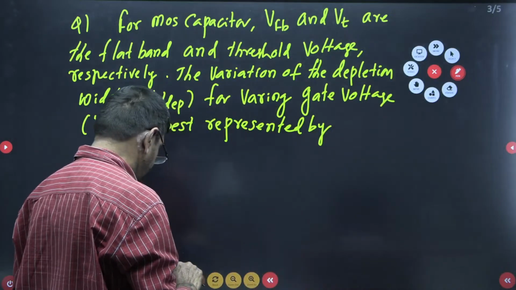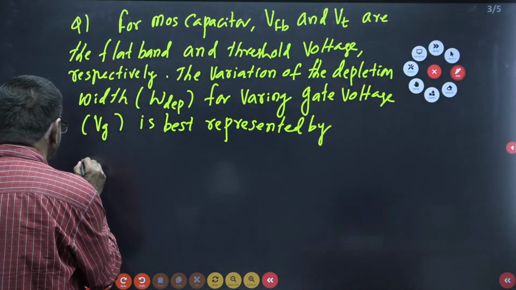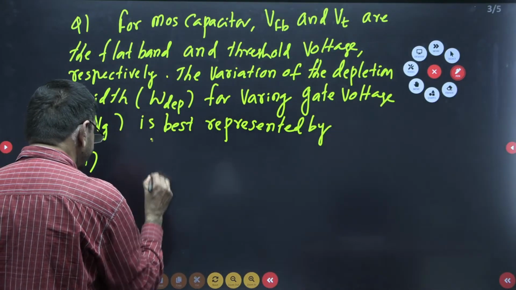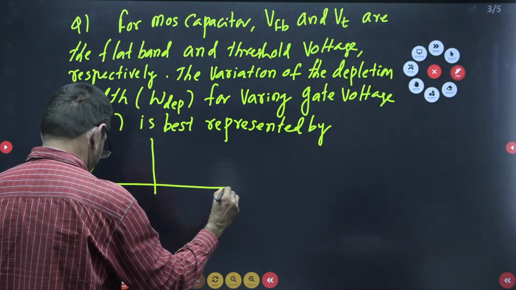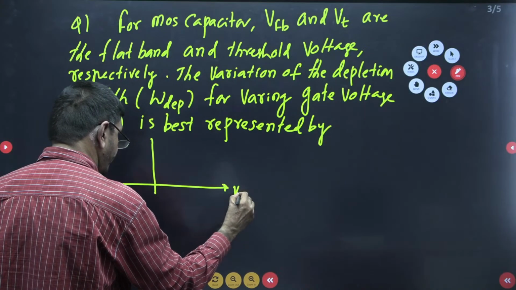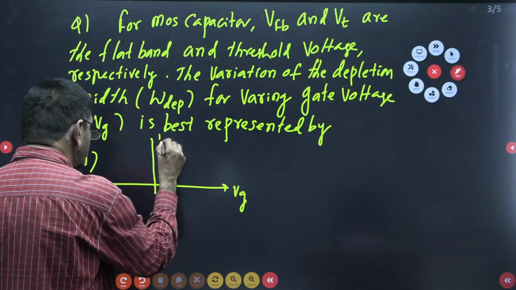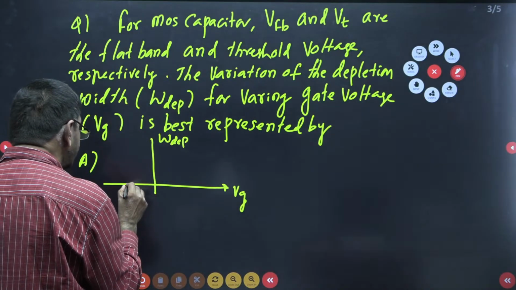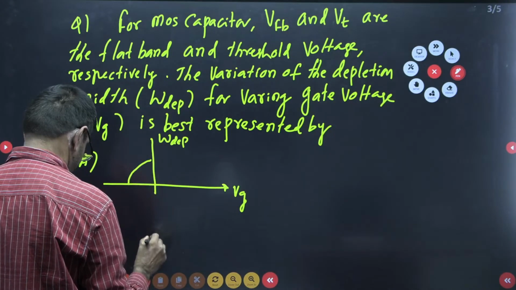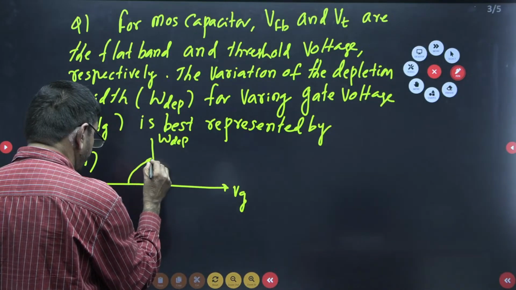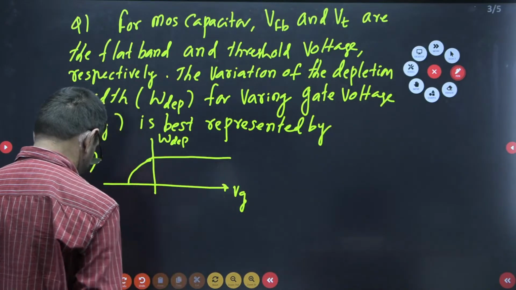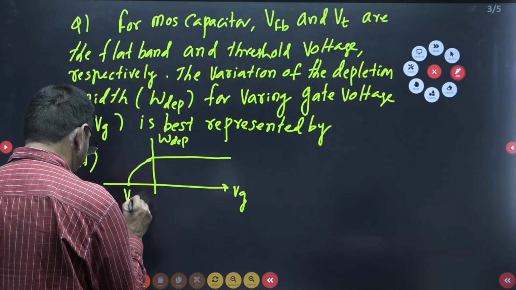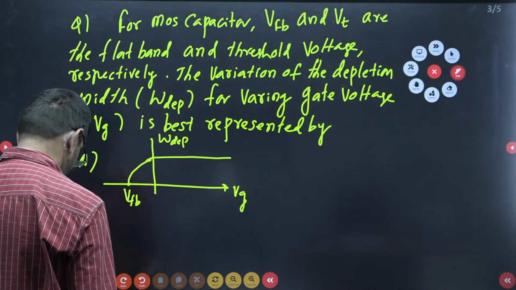and four options are given. I will give the options, and you can easily identify which option is correct. This is VG and this is W_DEP, and it is given in such a way. This voltage is VFB, the flat band voltage.